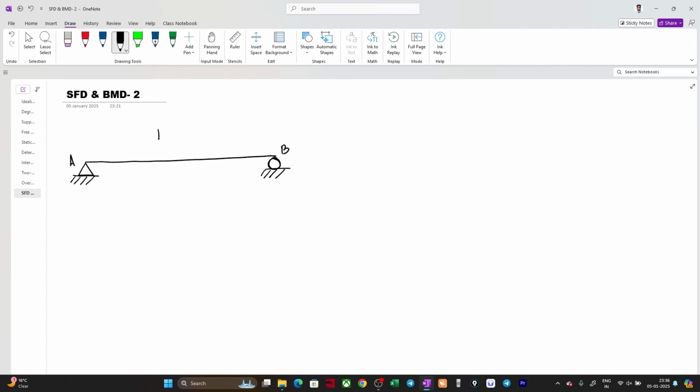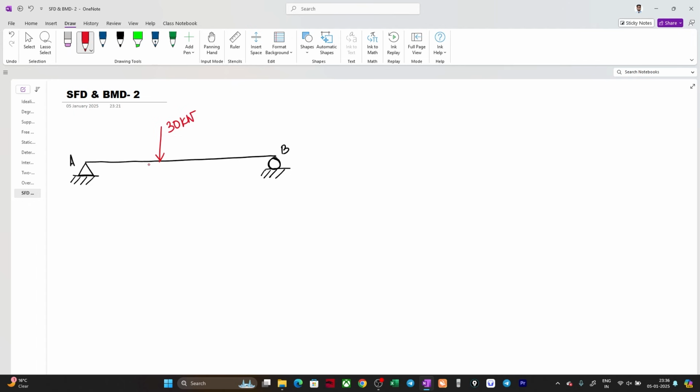Suppose we have a load here. Let me draw it with a different color. We have a load here which is 30 kilonewton.